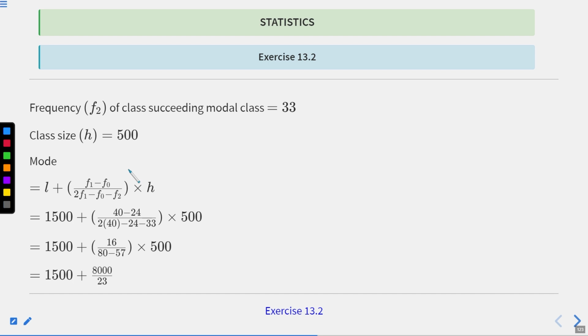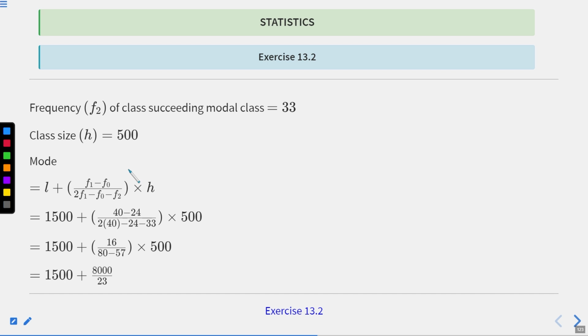Here the class size h is equal to 500. We know the formula for the mode of the given data: mode is equal to lower limit L plus (frequency of the modal class minus frequency of the preceding class) divided by (2 times frequency of the modal class minus frequency of the preceding class minus frequency f2 of the succeeding class) times class size h.